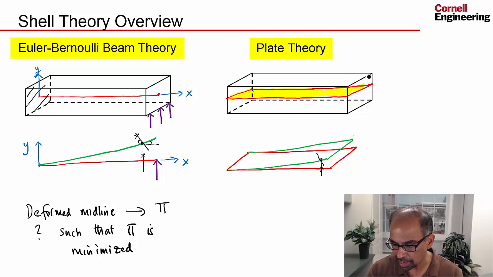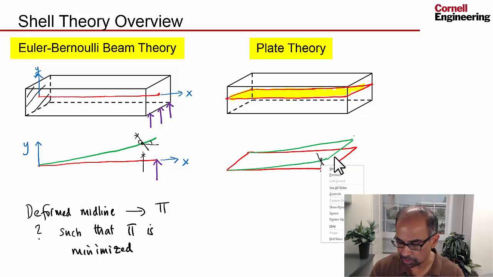So instead of saying that the cross section rotates together as a whole, you would say the normals rotate together. So which means that if I have a point over here like that, pardon me, it's going to move over here.